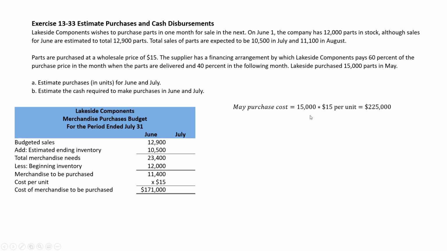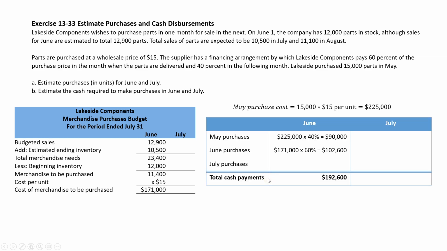So the total purchase cost was $225,000. Again, looking at what cash I actually have to spend in June, it's a split between the May and June purchases. Of that $225,000 May purchase, 60% was paid in cash in May. The other 40% is going to be paid in June, and that would be $90,000.